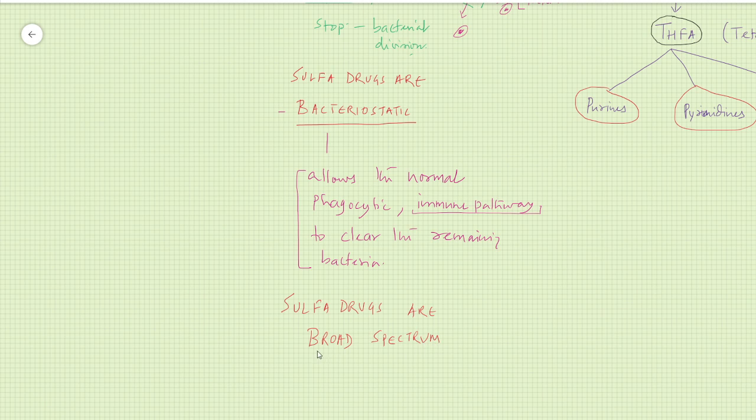What do we mean by broad spectrum? That it's effective against both gram-positive and gram-negative bacteria. So that's another point that we need to remember about sulfa drugs. So sulfa drugs are broad spectrum, bacteriostatic, antimetabolites.